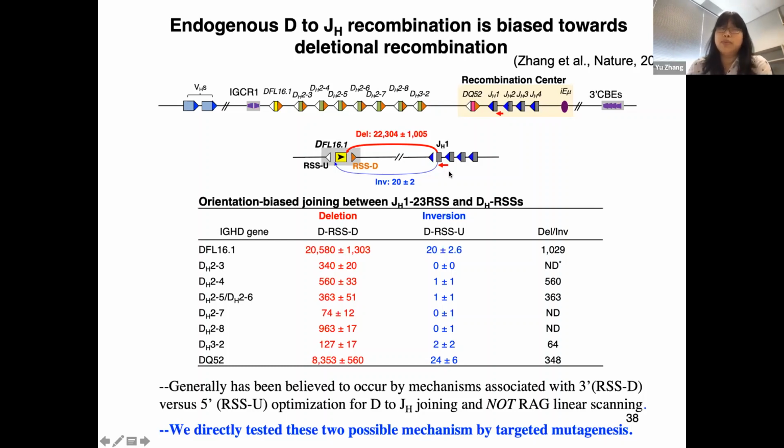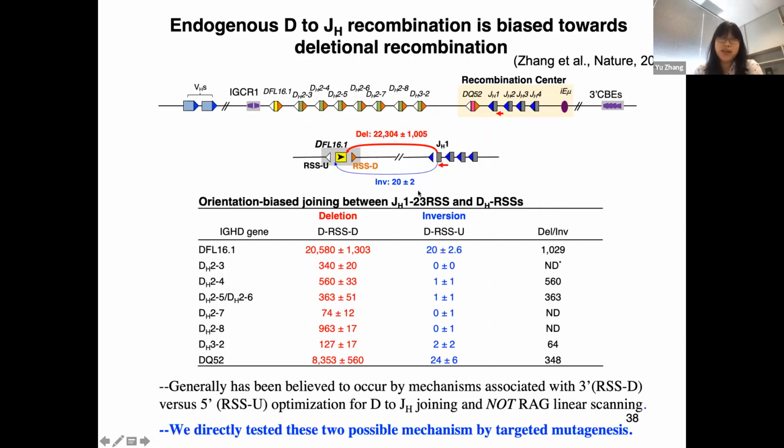So this phenomenon was not attributed to the difference in the strength of these 2 RSSs that can recombine to J RSS. But as we introduced RAG scanning and provided a lot of evidence for RAG scanning in off-targets, it's just natural to think that this can also be driven by the RAG scanning process.